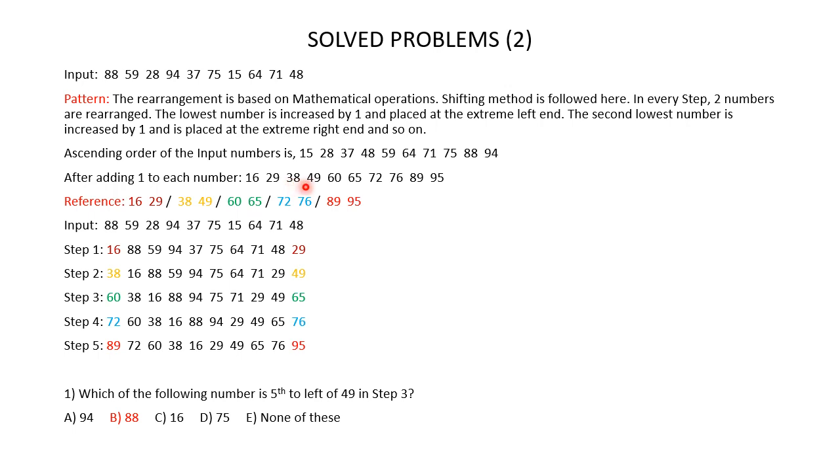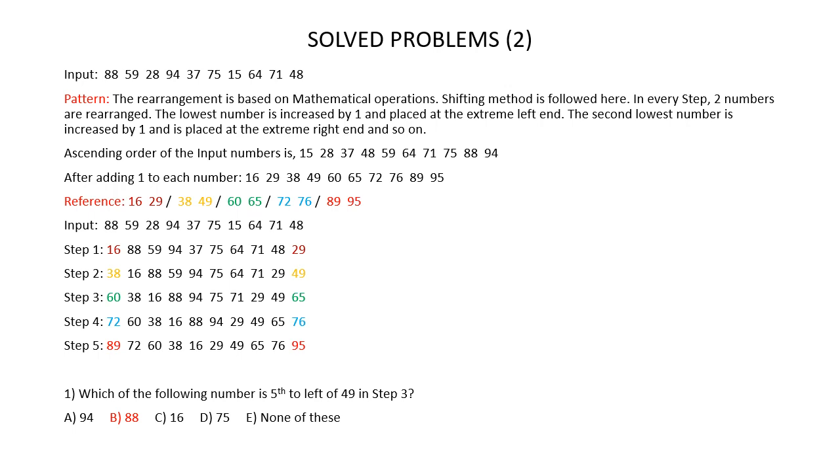Next lowest numbers are 38 and 49 and they will be in the second set. The next lowest numbers are 60 and 65 and they will be in the third set. Similarly, 72 and 76 are the next lowest numbers and they will be in the fourth set. And 89 and 95 will be in the last set in the reference line of numbers.